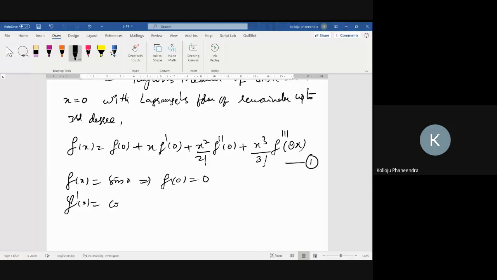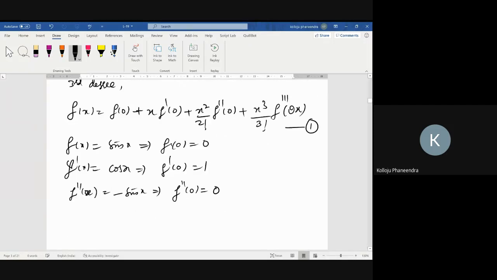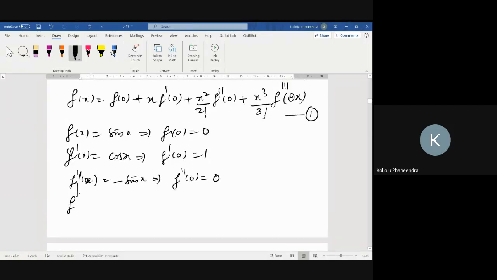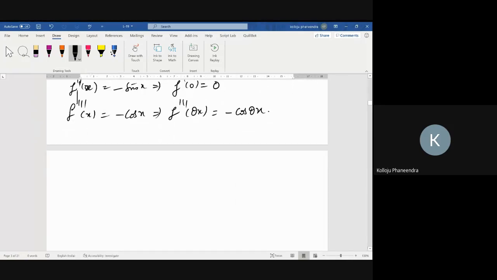Next, f dash x is cosine x, so f dash 0 is 1. f double dash x is negative sine x, so f double dash 0 is 0. Next, f triple dash x is negative cosine x, so f triple dash theta x is minus cosine theta x, with x cube only.